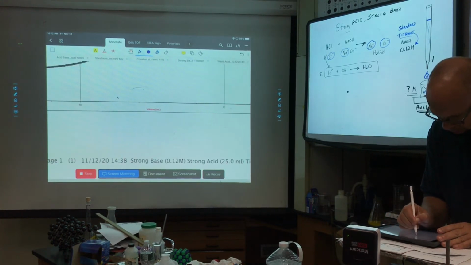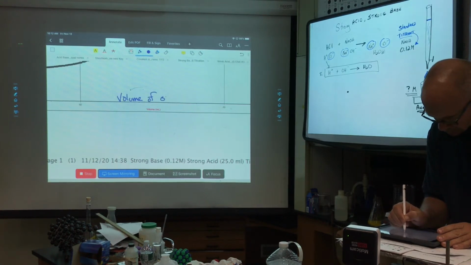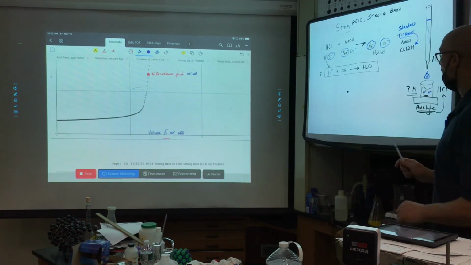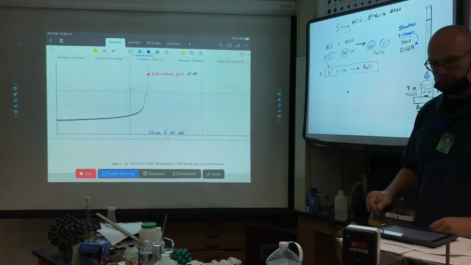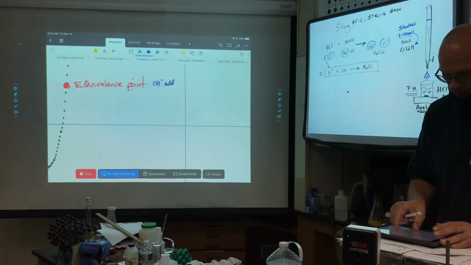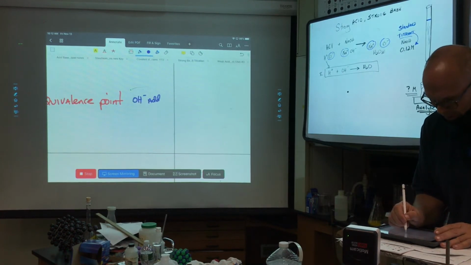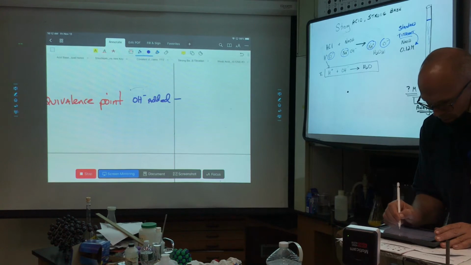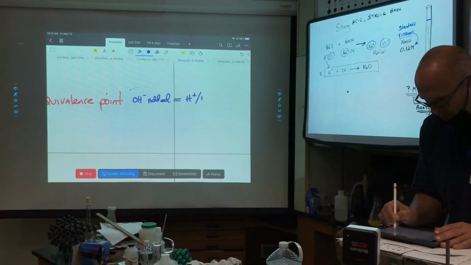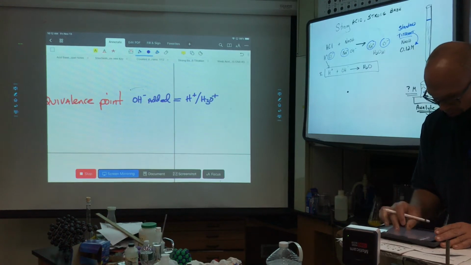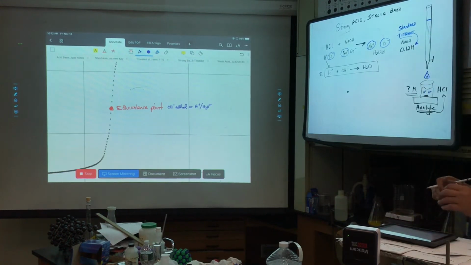This is volume of OH added. It's always going to be the volume of the titrant added. It's important, okay? So the OH added by the emptying device equals the protons, which we know is synonymous with the H3O+. And that's something you have to mark up.